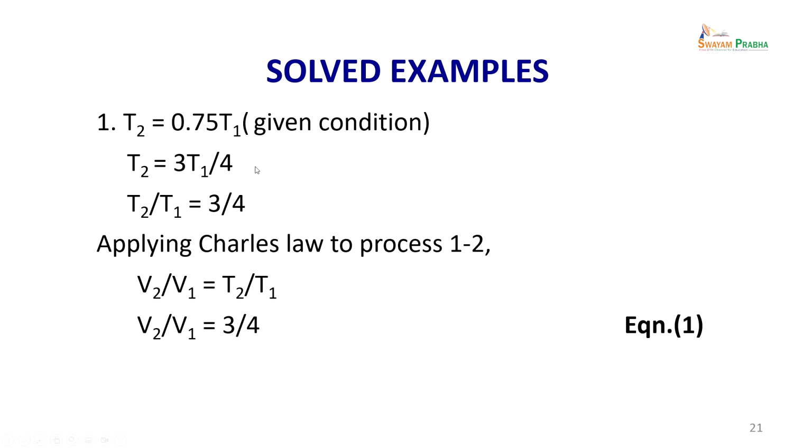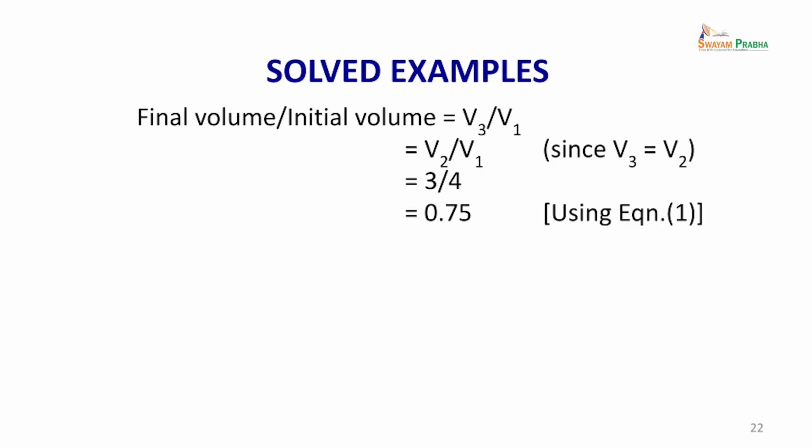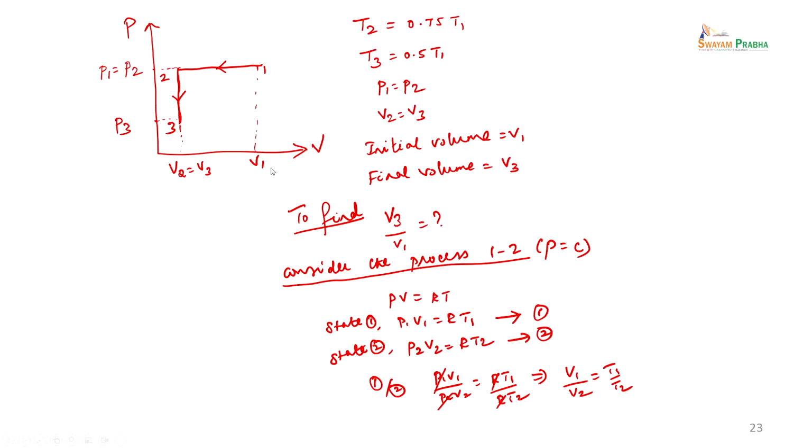That is what I have written here, V2 by V1 equal to T2 by T1. From the given data, T2 by T1 is equal to 0.75, which is nothing but 3 by 4.